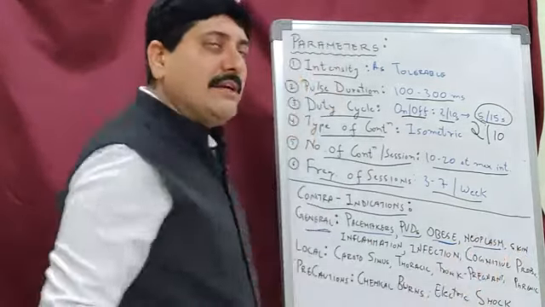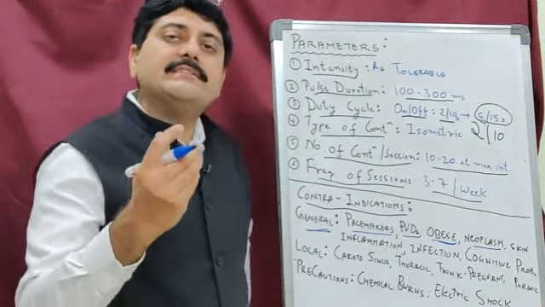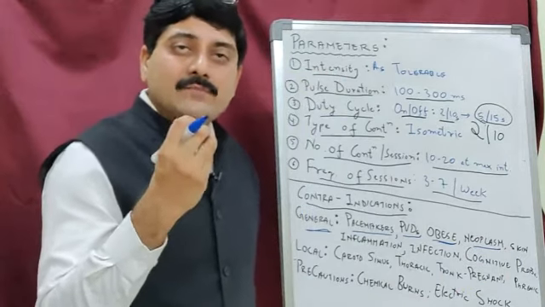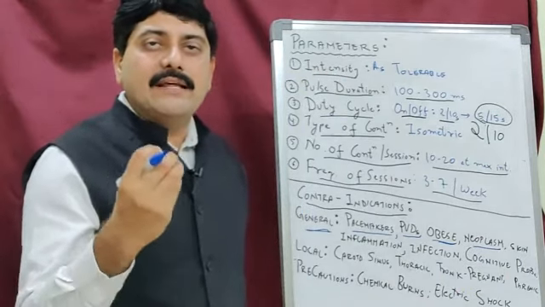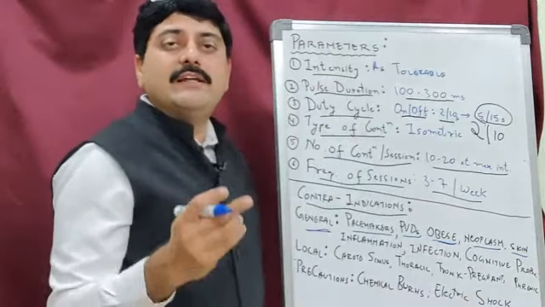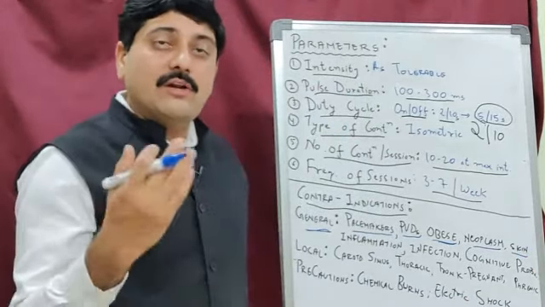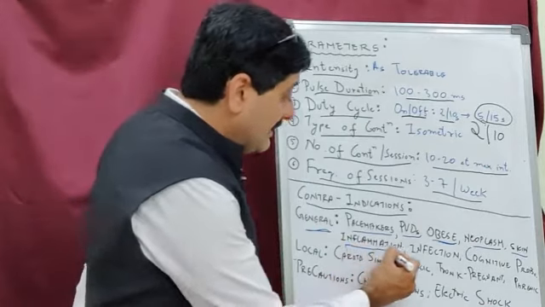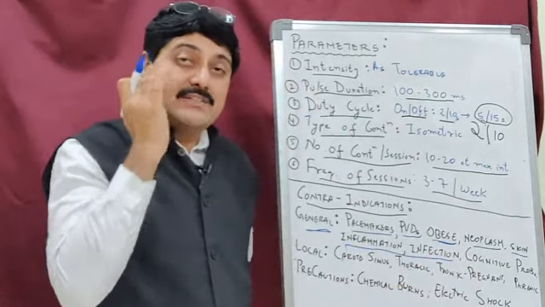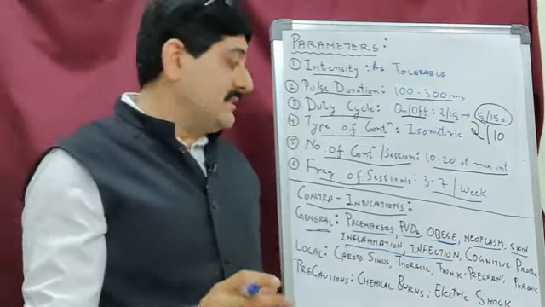Then neoplasms: if you feel that there is a tumor, malignant or non-malignant, then you have to take care. Then the skin: make sure there are no active infections or inflammations in the skin and the local area.